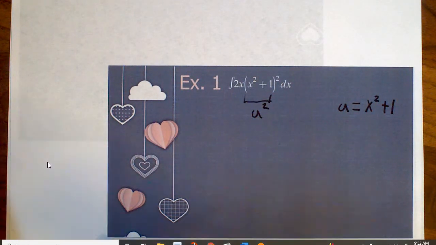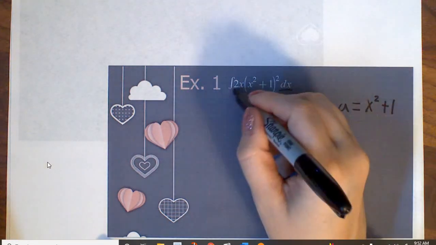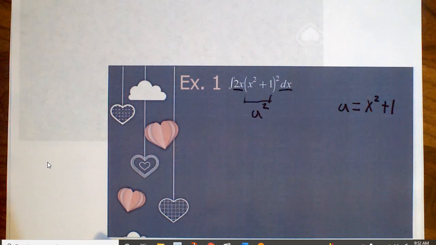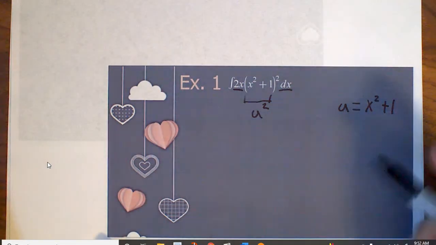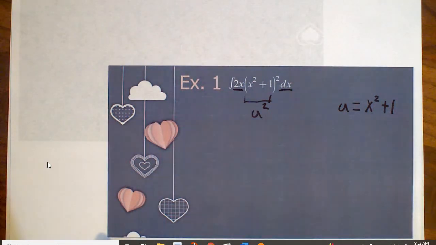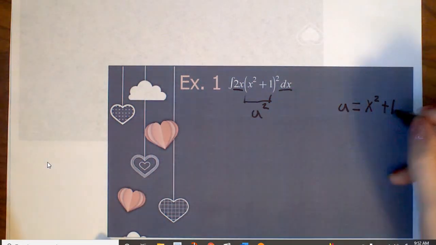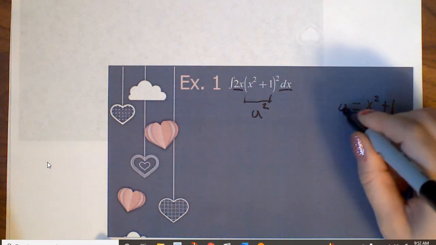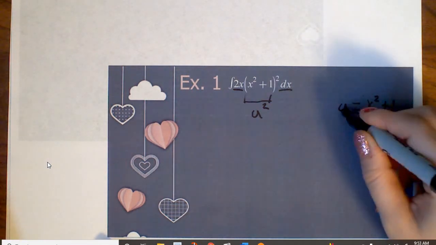The problem is that we still have a dx and a 2x, and we can't integrate something that has two different types of variables. Well, notice that our dx represents us taking the integral with respect to x. We want to take the integral with respect to u. So the way that we accomplish getting rid of that dx is by figuring out what the derivative of my u is.